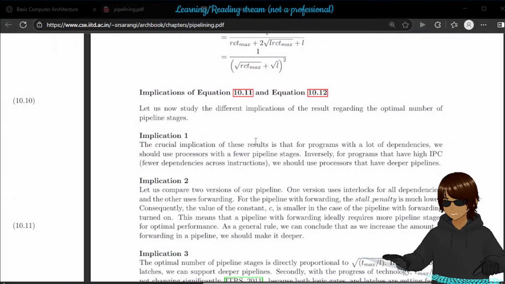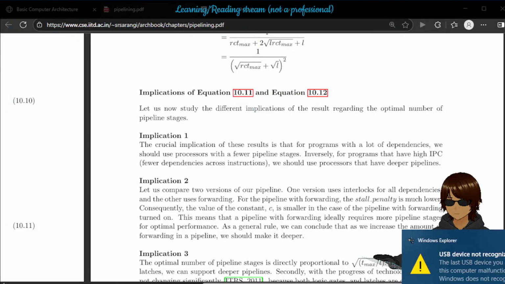Implication 1: the crucial implication of these results is that for programs with a lot of dependencies, you should use processors with fewer pipeline stages. Inversely, for programs that have high IPC, we should use processors that have deeper pipelines.